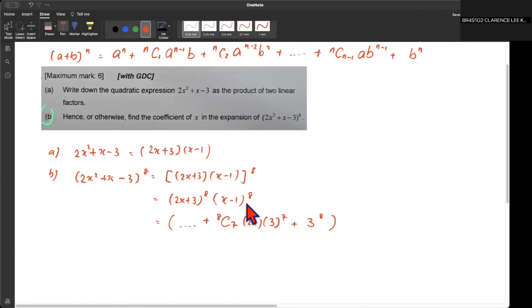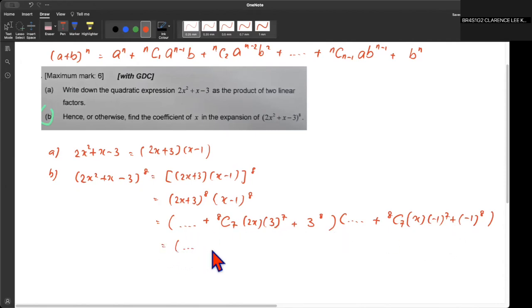Likewise, for the second bracket, when we expand, we ignore the first few terms. We want the last two terms. The second last term, again, 8C7, x and negative 1 to the power of 7. And the last term is minus 1 to the power of 8. These are the last two terms.